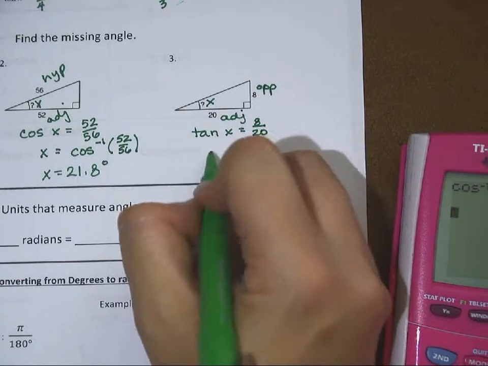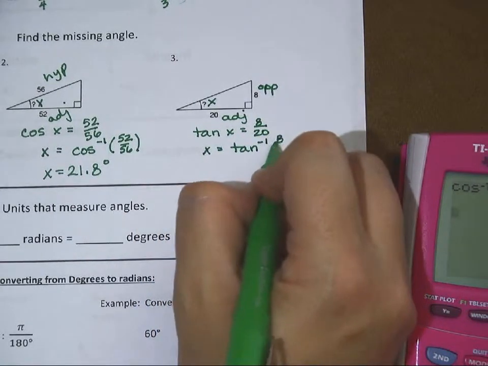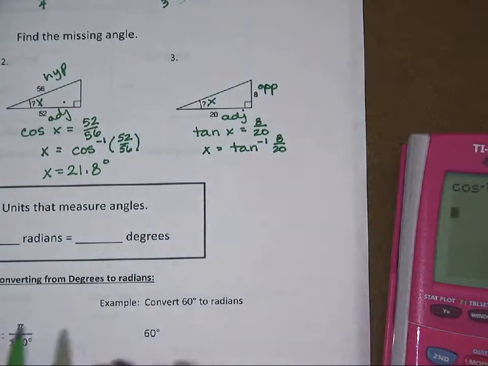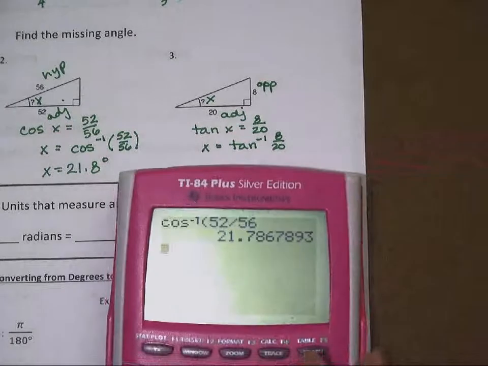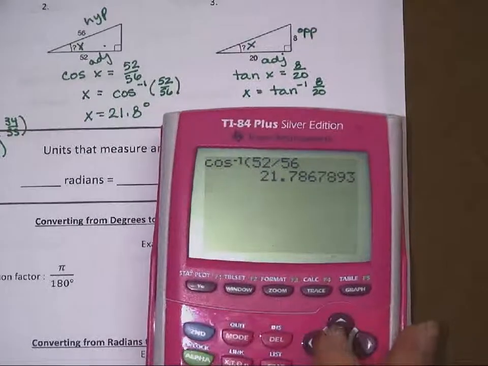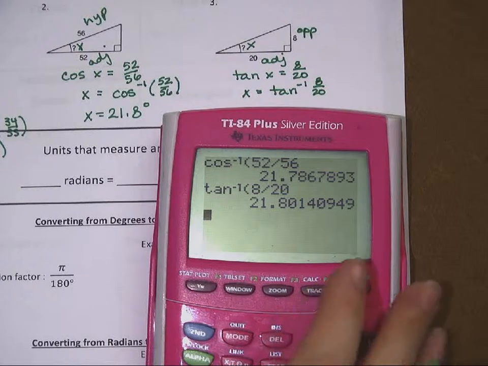Take the inverse function, plug that in my calculator. Second tan of 8 divided by 20 tells me my angle is 21.8.